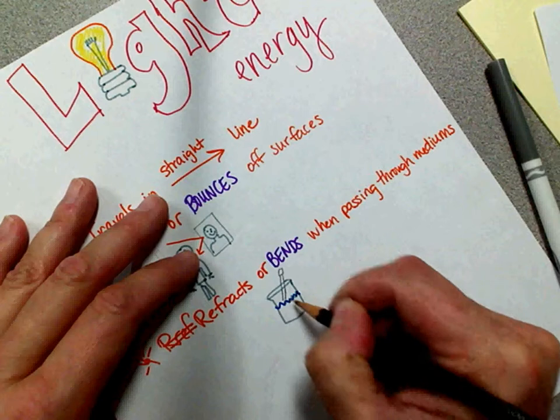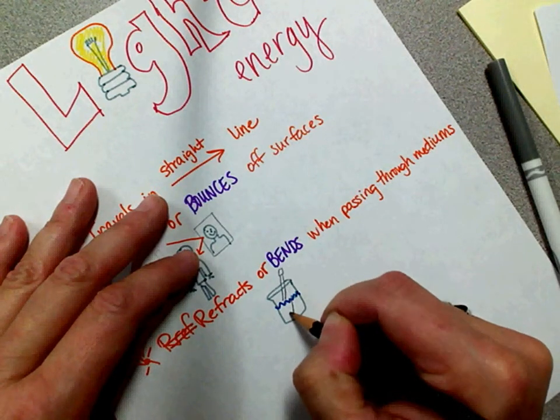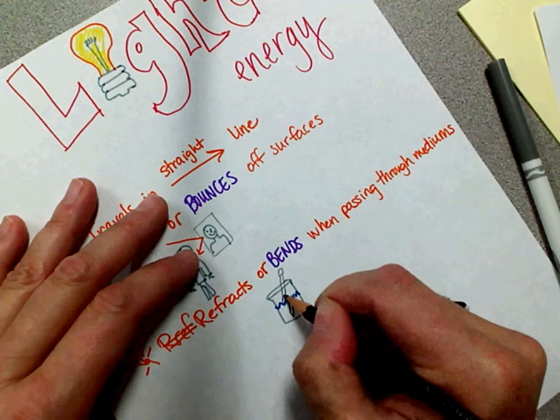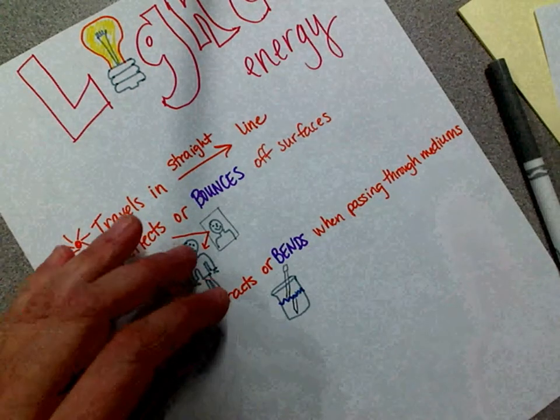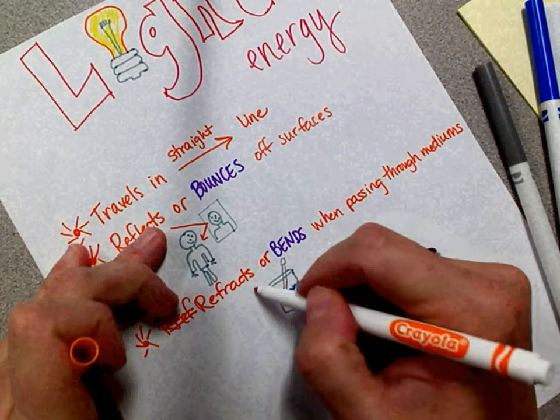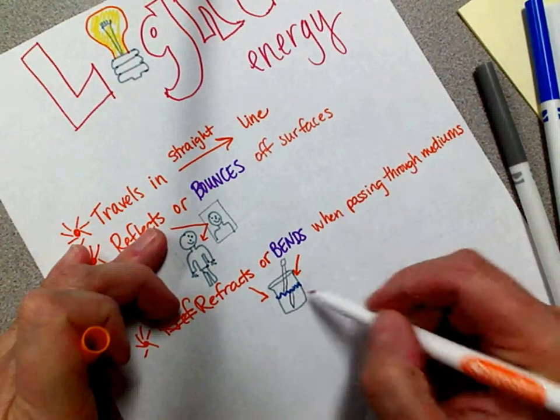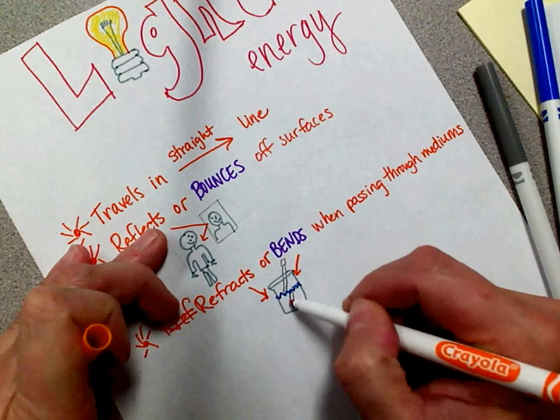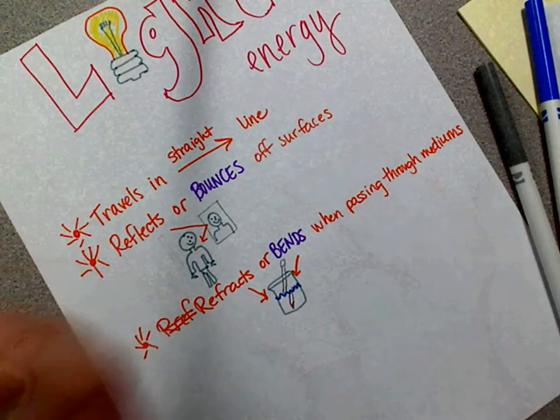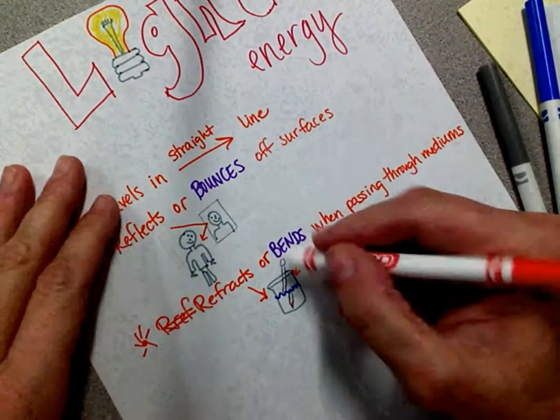And remember, it looked broken. That's because that light is shining and it's refracting. So it's bending the light so that it looks like the pencil is broken.